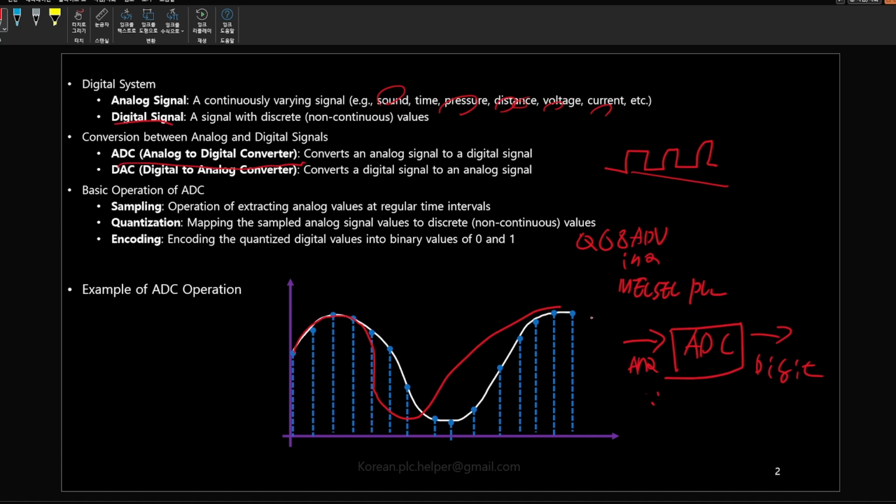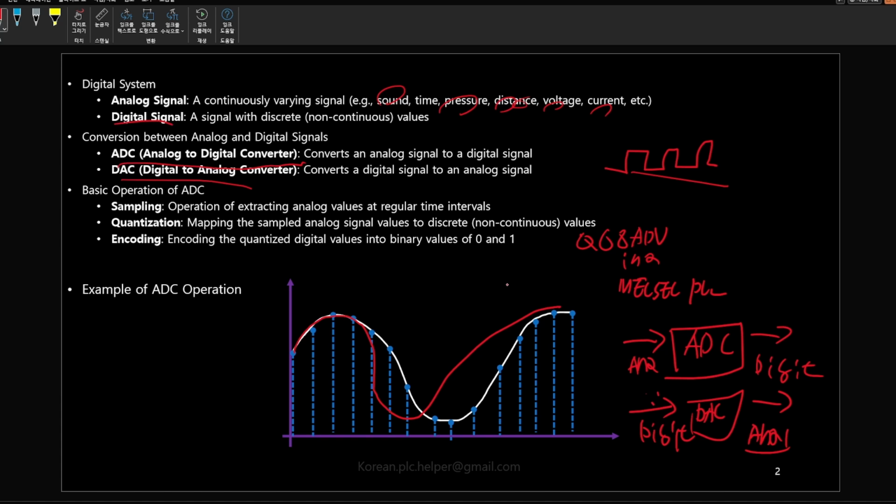Next is DAC. DAC stands for digital to analog converter, which takes digital signals as input and outputs analog values. Input digital, output analog.